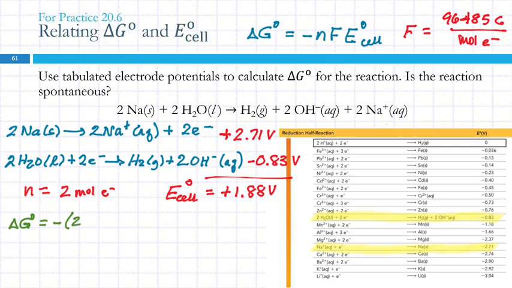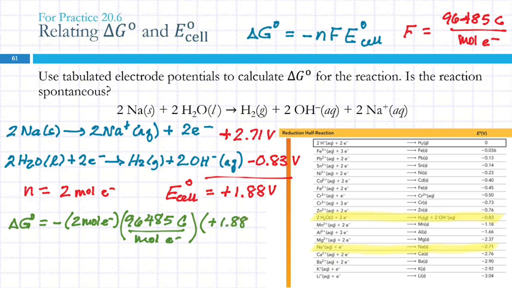So 2 moles of electrons times Faraday's constant, 96,485 coulombs per mole of electrons, times the cell potential, 1.88 volts. And a volt is the same as a joule per coulomb.